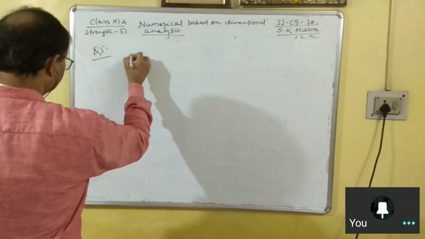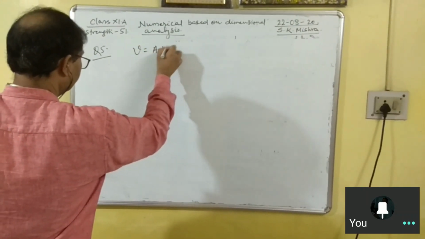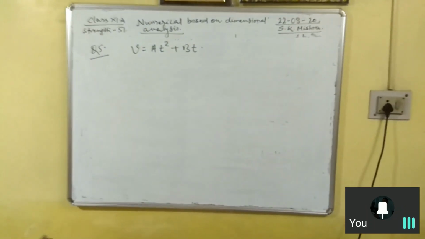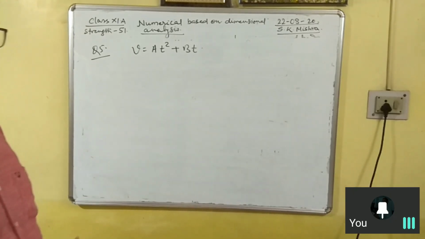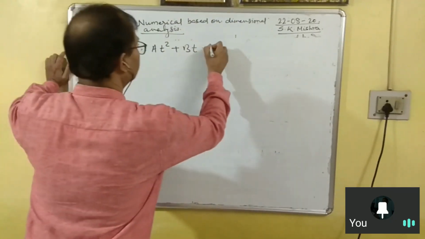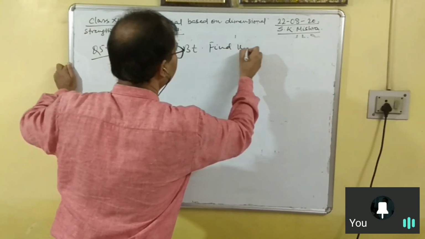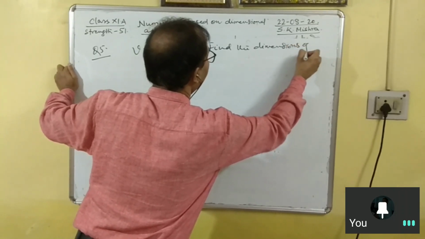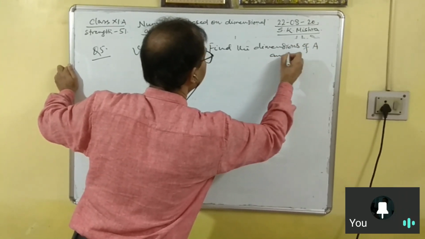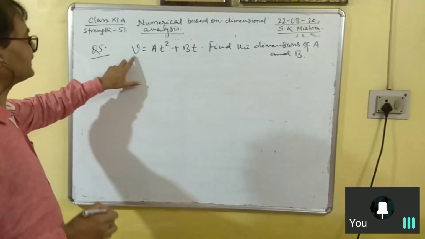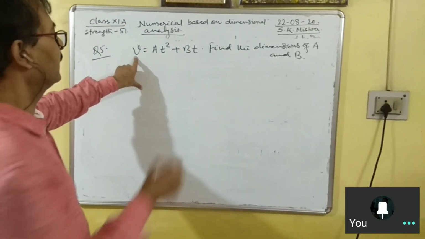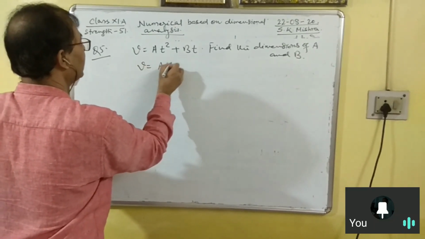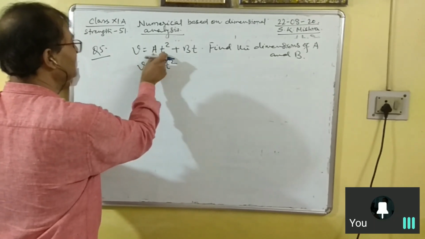Okay. So V is equal to AT square plus BT. Now V is velocity, T is time. Find the dimension of A and B. This V is velocity, so AT square must have the dimension of velocity.